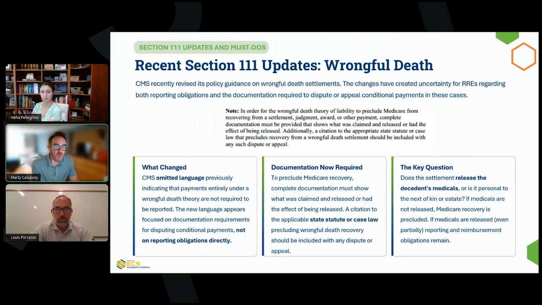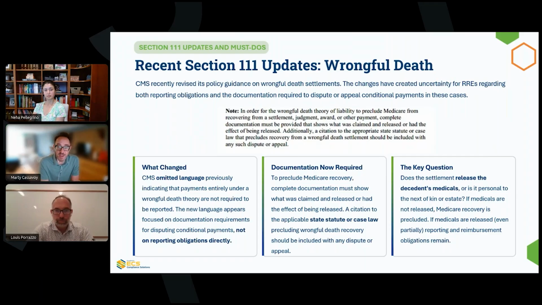So basically, what changed here? CMS omitted language that previously indicated that payments entirely under wrongful death theory are not required to be reported. So they took that out. It used to say if the claim is only under the wrongful death theory of liability, it shouldn't be reported. The new language is focused on the documentation requirements for disputing conditional payments, not on the reporting obligations directly.